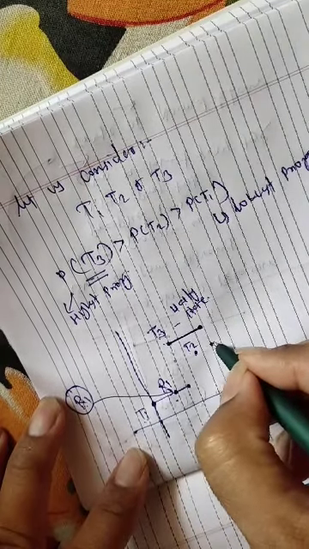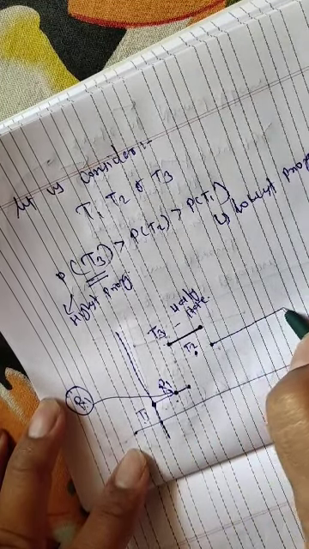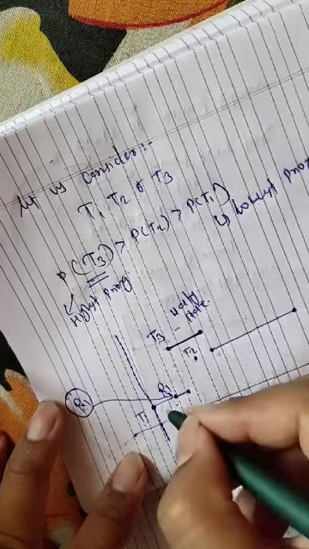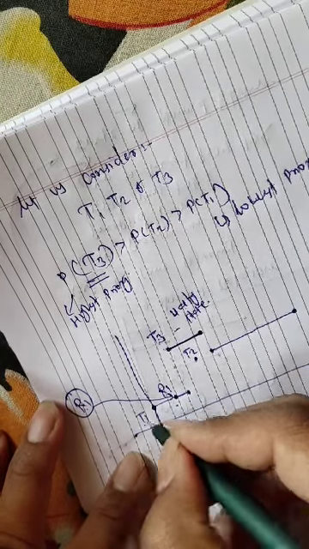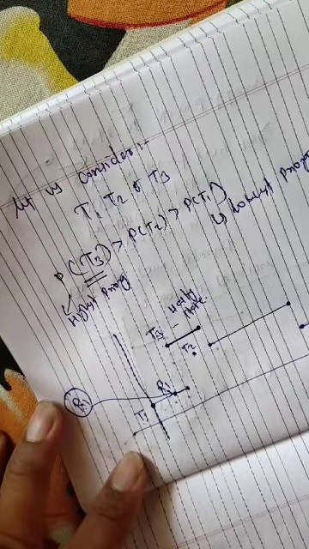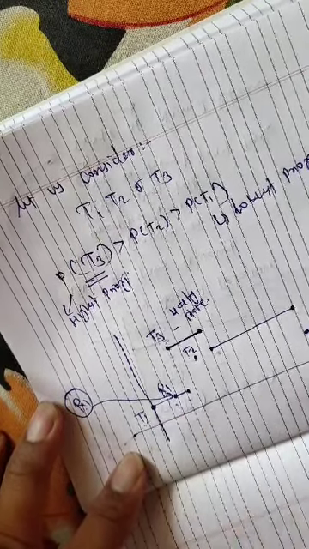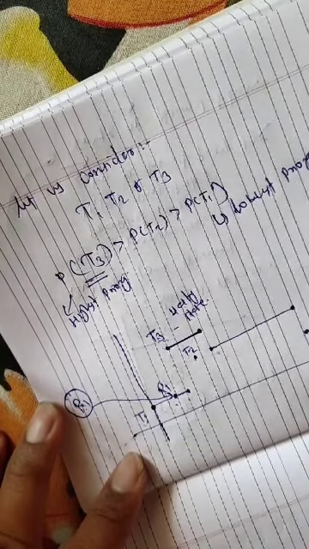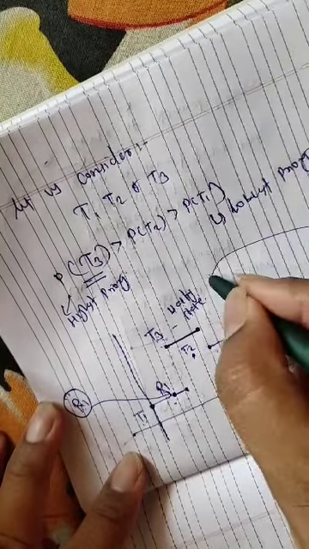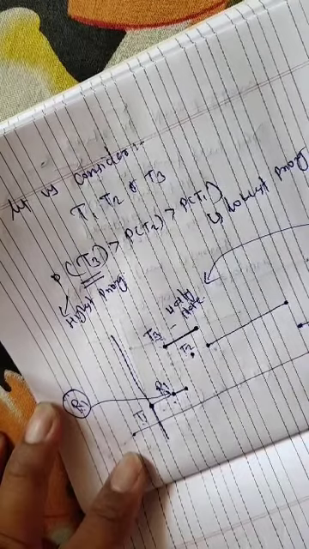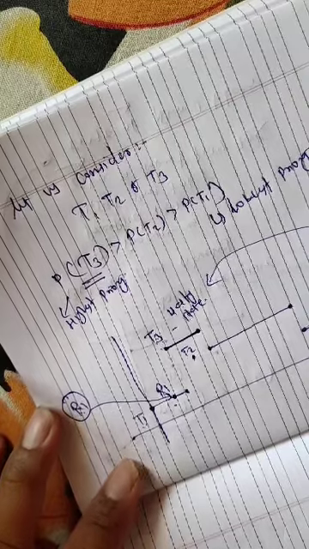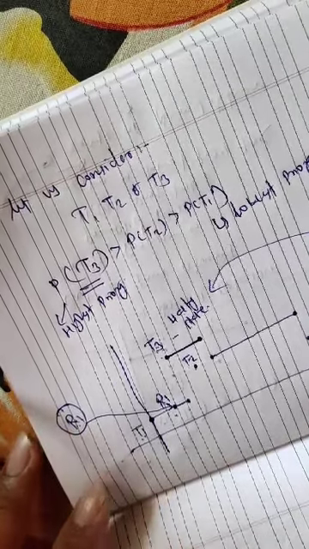After completion of the T2 task, the CPU is given to the next priority task, that is T1, and T1 starts its execution. After completion of the T1 task, T1 releases R1, R1 is acquired by T3, T3 starts its execution, and in this way T3 completes its execution.